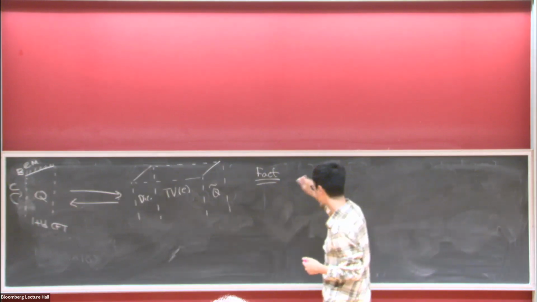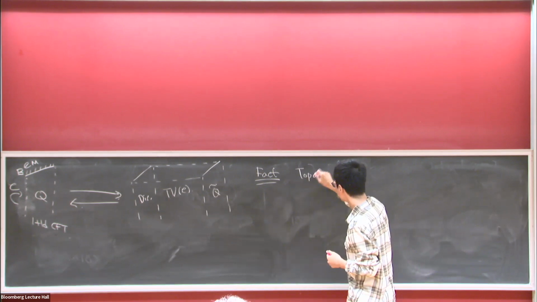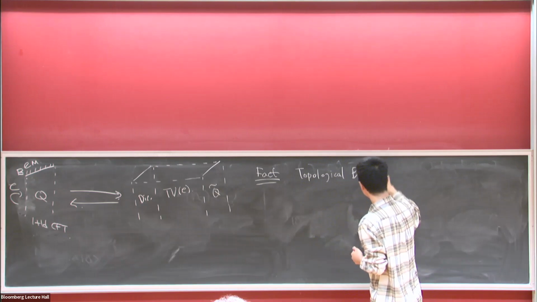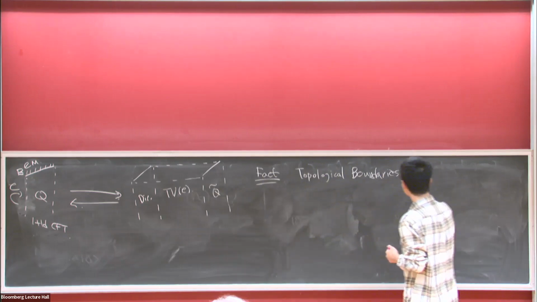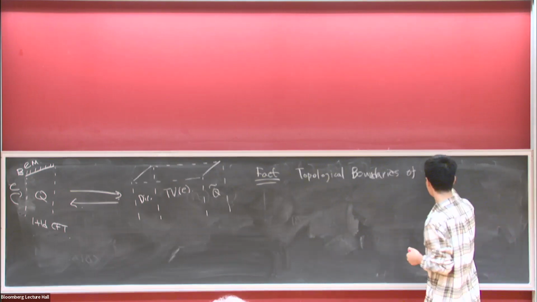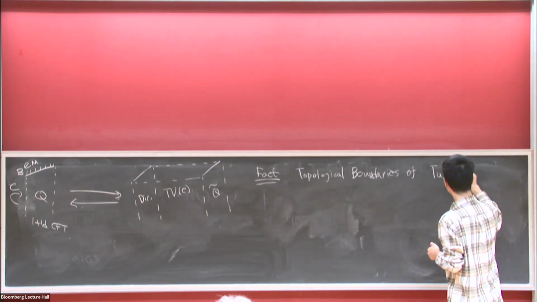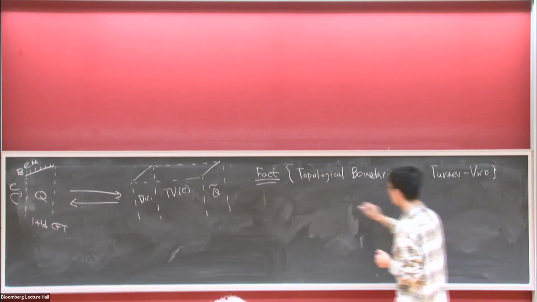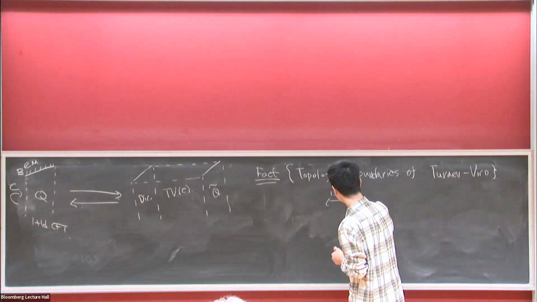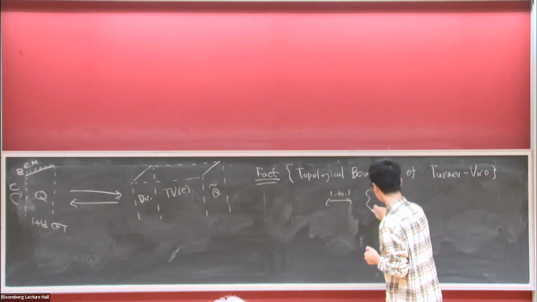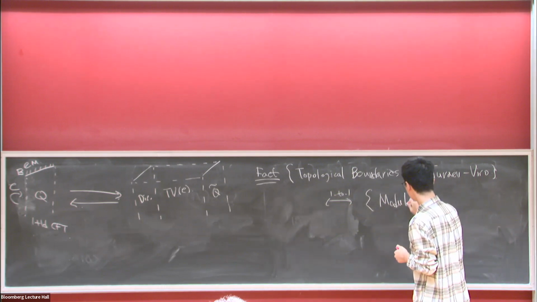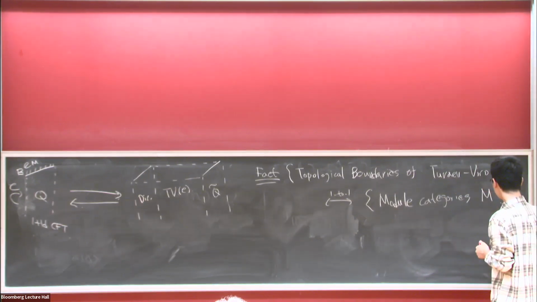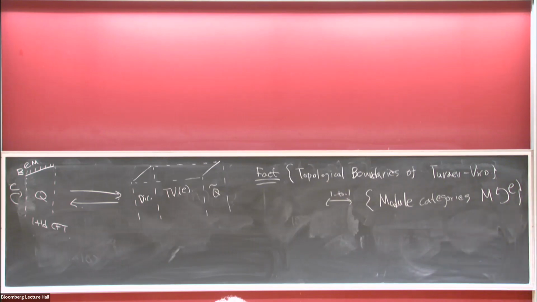This is a fact of light that the topological boundary conditions of this 3D topological field theory, these are in one-to-one correspondence with the modular categories, and on its boundary the fusion category X.